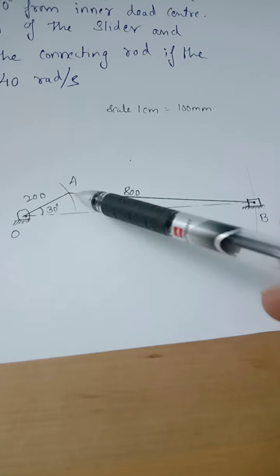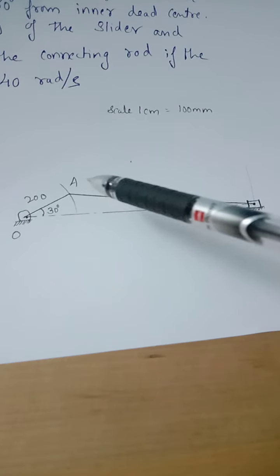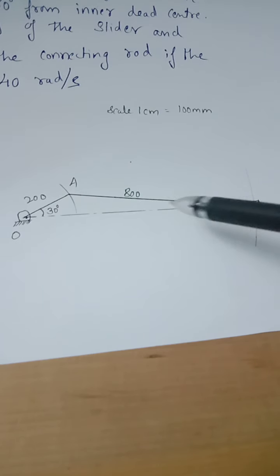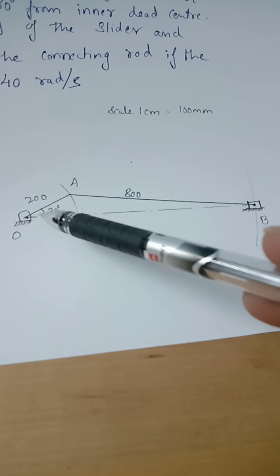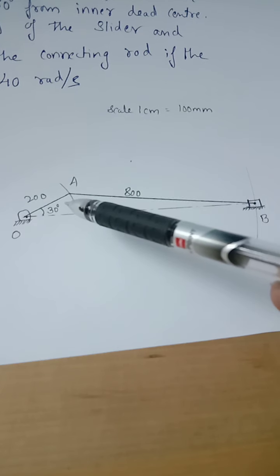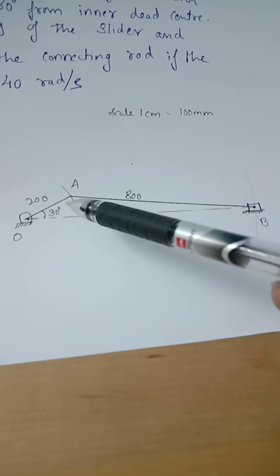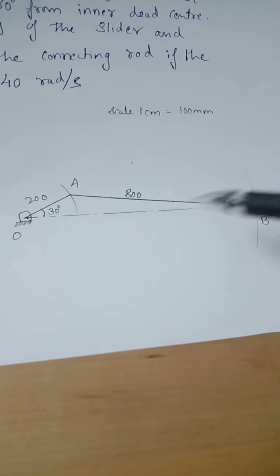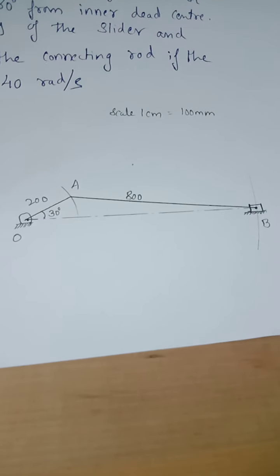See here, OA length is given, that is 200 mm, and AB length is also given, that is the connecting rod length, 800 mm, and the crank OA is turned through 30° from the inner dead center. Here we have the slider. So now this is the slider crank mechanism.